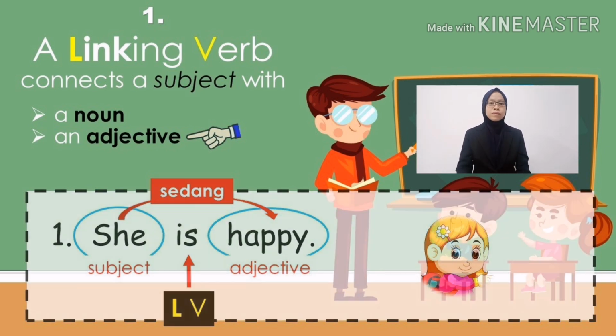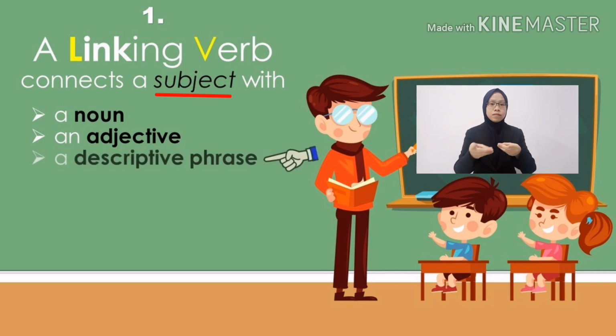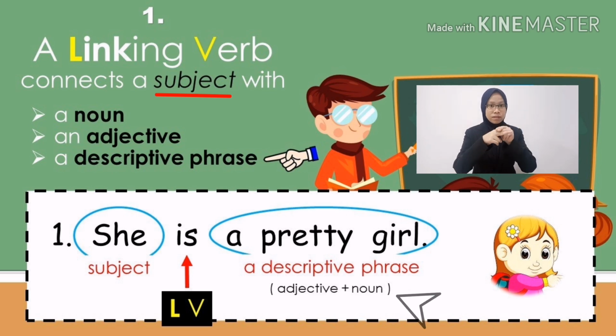Other than that, a linking verb connects a subject with a descriptive phrase. A descriptive phrase means a phrase that consists of adjective and noun.